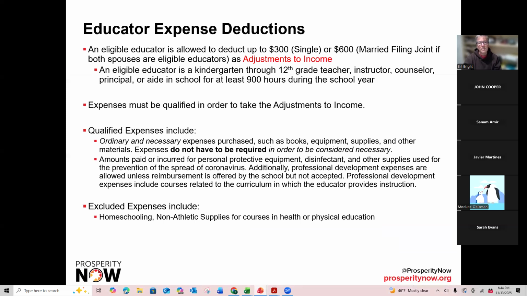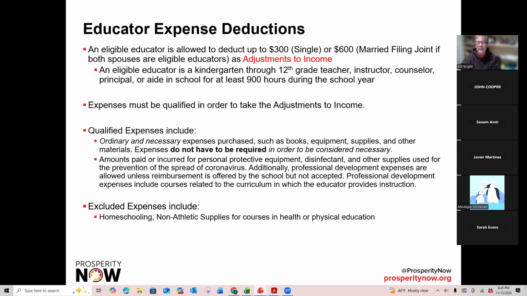So the educator expense deduction, we see a few of these. You can do $300 for a single, 600 if they're married filing jointly and they're both educators. Again, you have to be in K through 12, either a teacher, instructor, counselor, principal, or aide, and at least 900 hours during the school year.